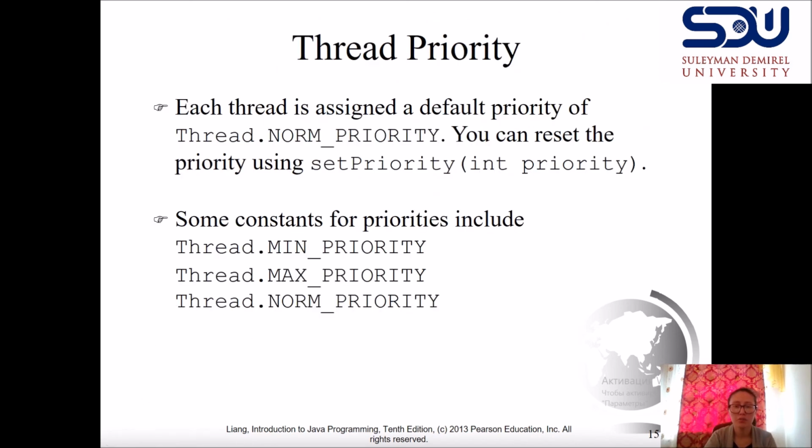Also, here we can set the priority of our threads. Each thread is assigned a default priority, and you can reset the priority using setPriority and writing some kind of integer.